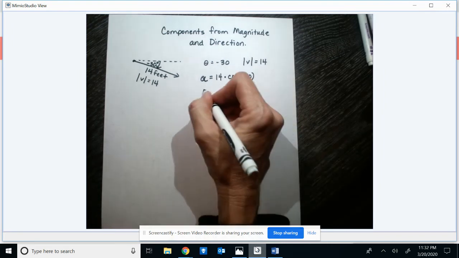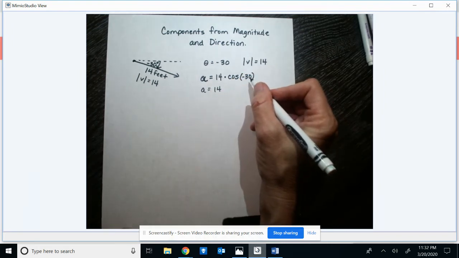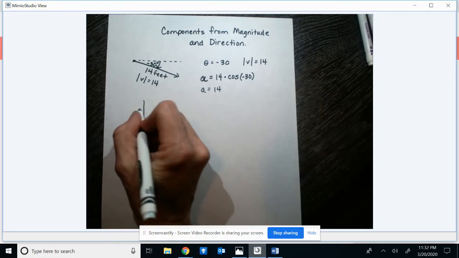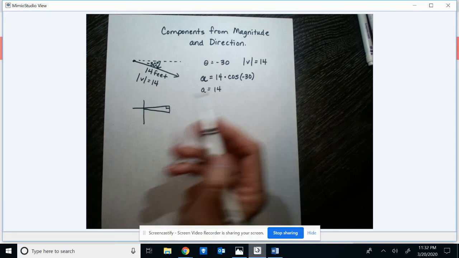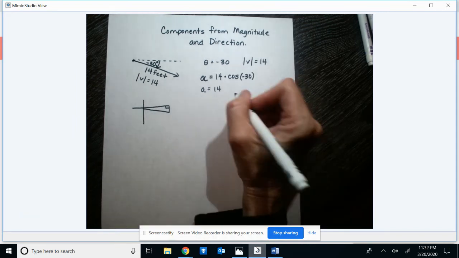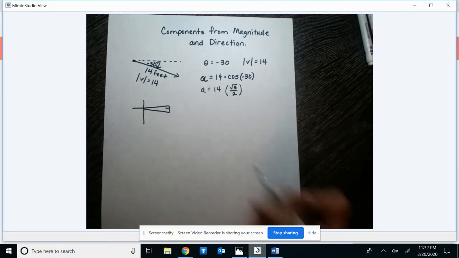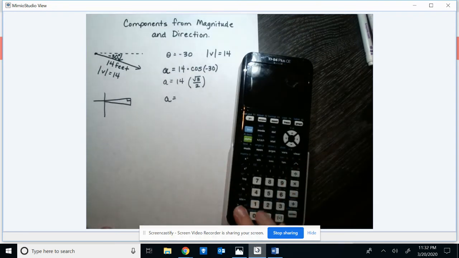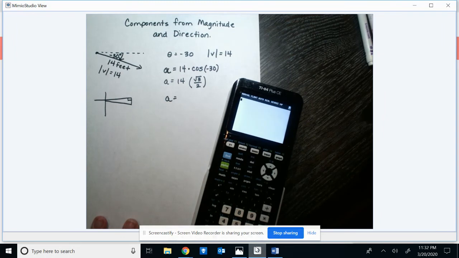We know from the unit circle that if we look at negative 30 degrees and take the cosine value of that, looking at our right triangle right here, our cosine value is going to be square root of 3 over 2. So if I multiply square root of 3 over 2 times 14, I'll get the same value as if I go to the calculator and put in 14 times the cosine of negative 30.